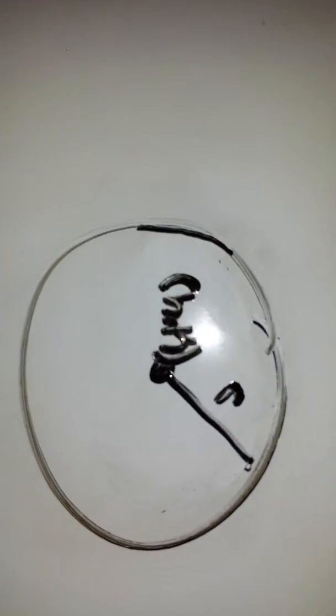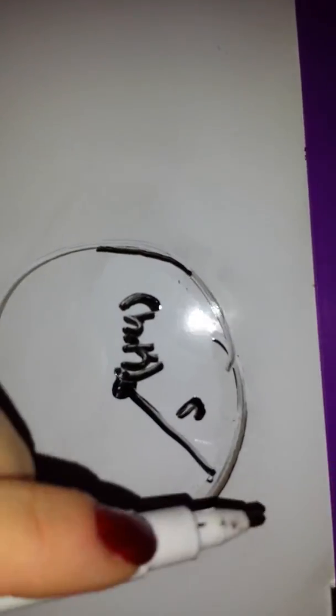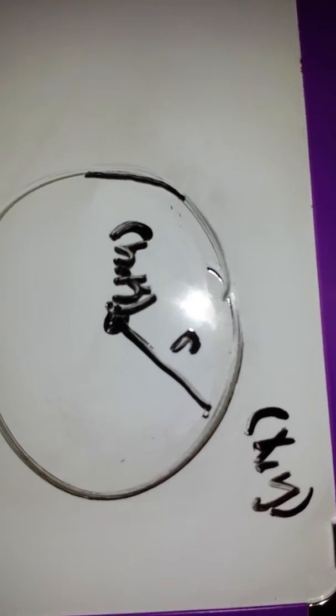The first being the center of the circle, and this is also known as H and K. And the second most important piece of a circle is the radius, and the radius is just the distance from the center of the circle to some point outside of the circle, which is unknown right now. So we're just going to put x, y for the time being.